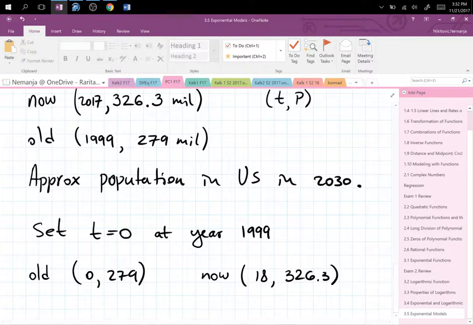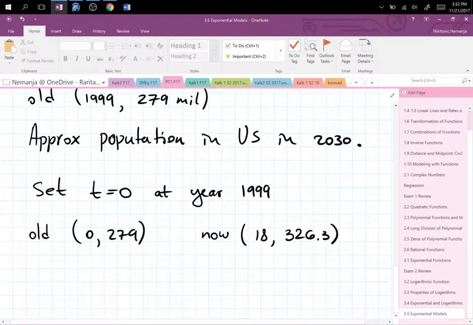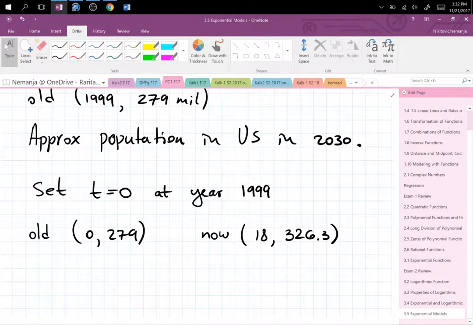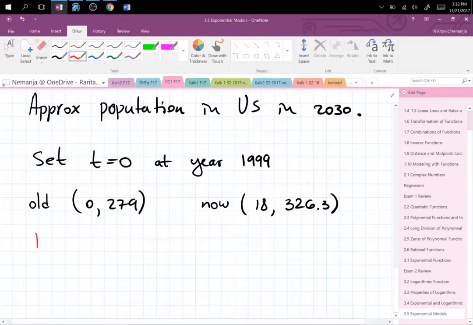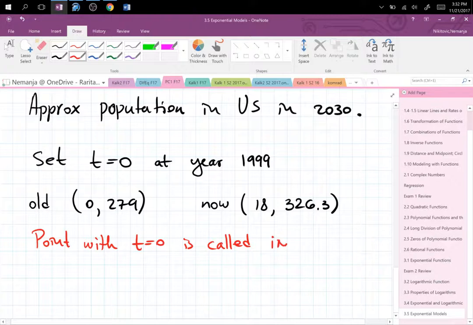Now, crucial part, and I'm writing that here in blood over here. Here we go. Point with t equals 0 is called the initial point.